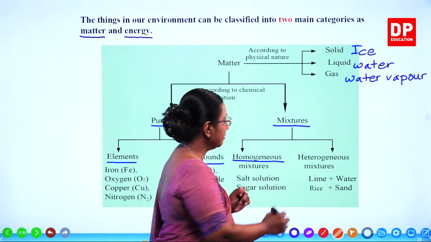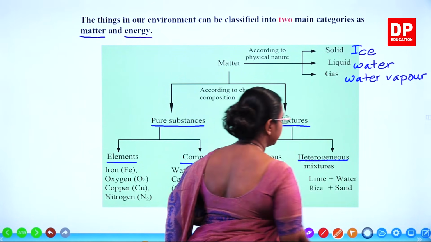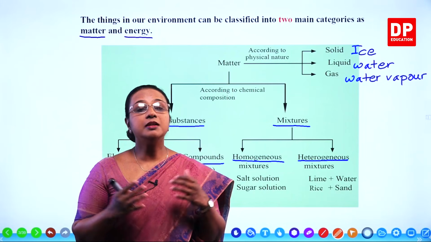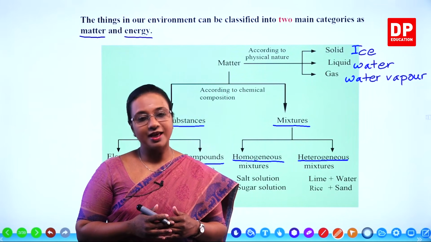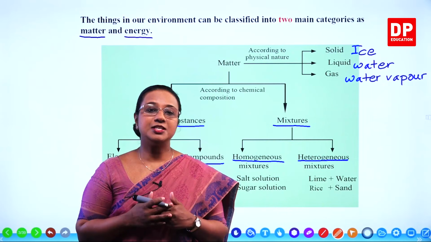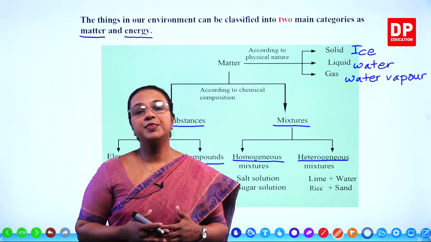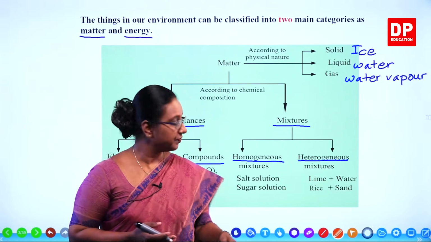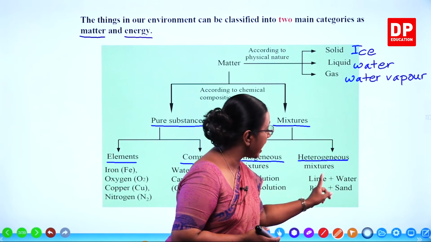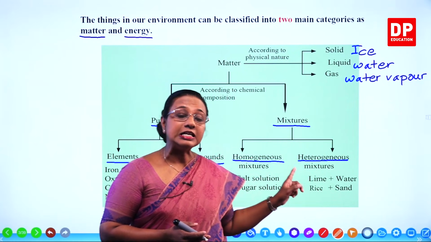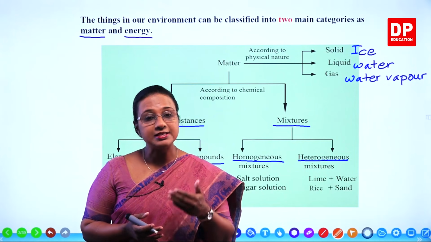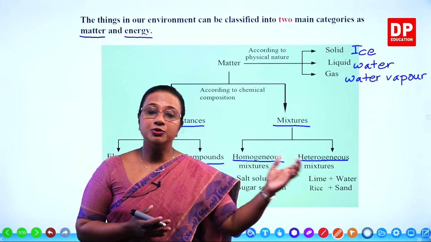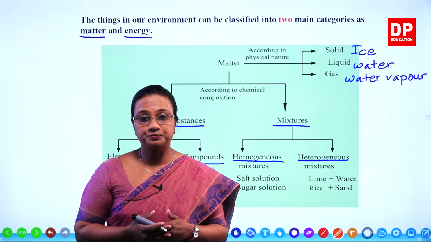On the other hand, we have heterogeneous mixtures. Hetero means different. So as the name implies, you can understand the composition is not uniform throughout the solution. One example is lime water. Here the lime means calcium carbonate or calcium hydroxide, what you get from the limestone.